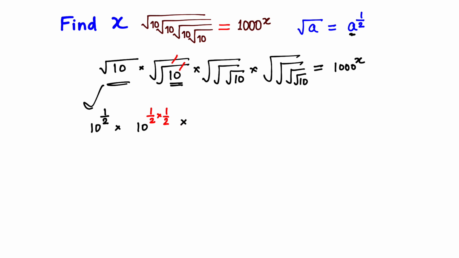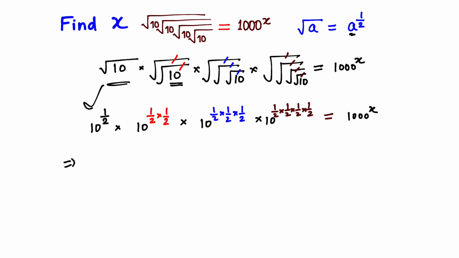And then the third one is 10 raised to the power 1 by 2 multiplied by 1 by 2 multiplied by 1 by 2 because of the 3 roots. And the fourth one, 10 raised to the power 1 by 2 multiplied by 1 by 2 multiplied by 1 by 2 multiplied by 1 by 2 because of the 4 times the roots are given. And then that is equal to 1000 raised to the power x.